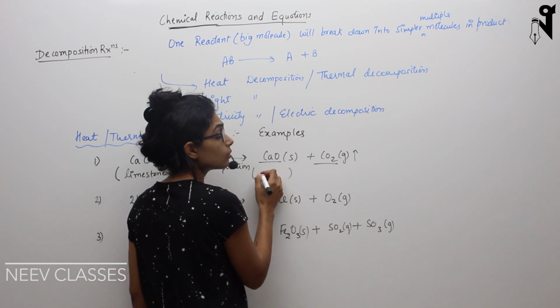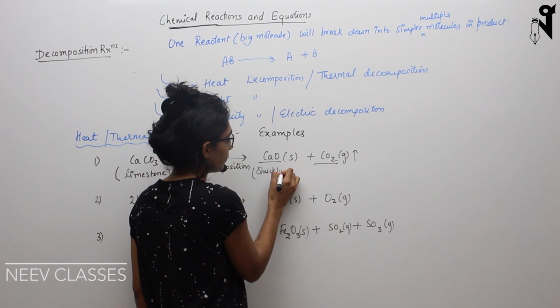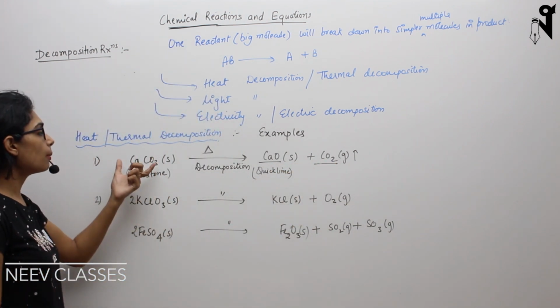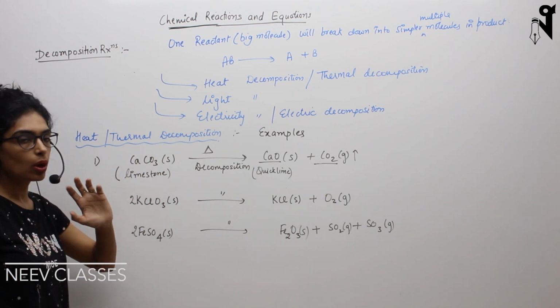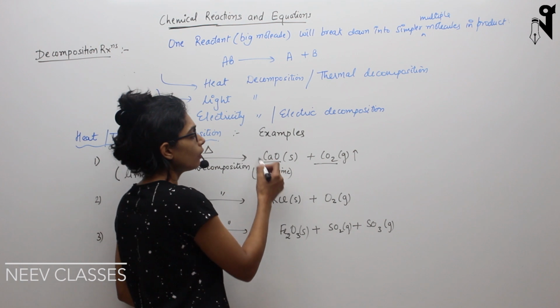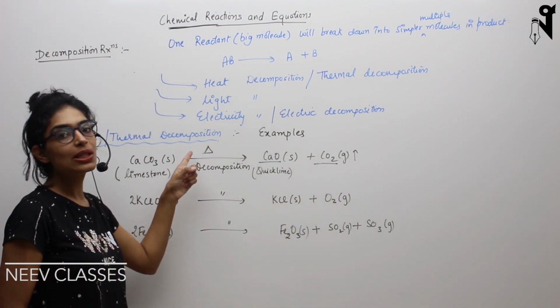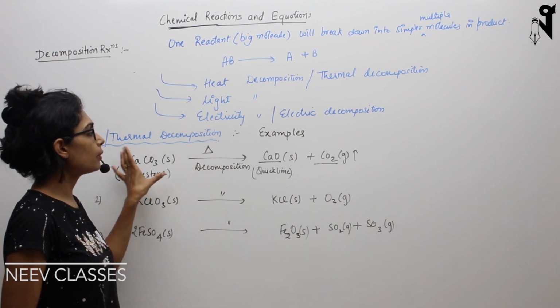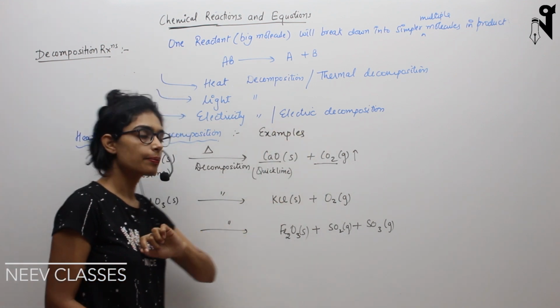It is called quicklime, and carbon dioxide. So what we can see is calcium carbonate was made up of one calcium, one carbon, and three oxygens. It broke down into two smaller pieces, one with calcium and oxygen and another with carbon dioxide. And that is when heat was supplied. Okay, when heat was supplied, calcium carbonate broke down into calcium oxide and carbon dioxide gas.